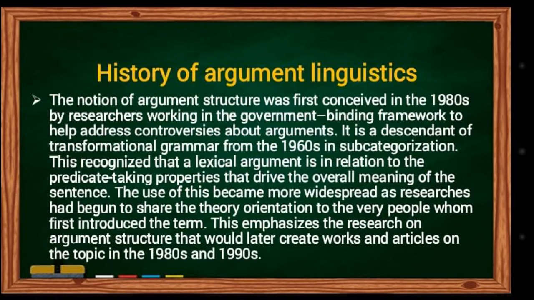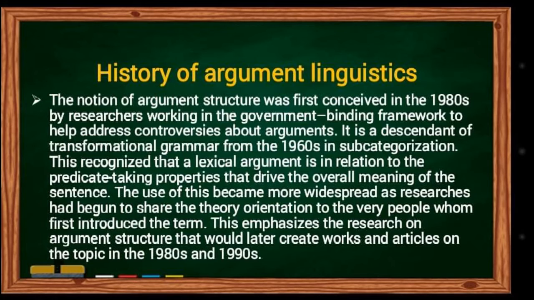History of argument linguistics. The notion of argument structure was first conceived in the 1980s by researchers working in the government binding framework to help address controversies about arguments. It is a descendant of transformational grammar from the 1960s in subcategorization.